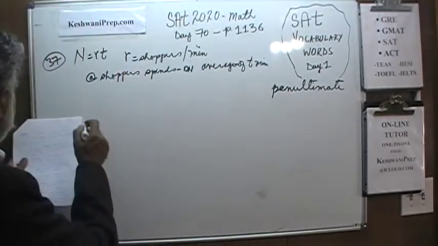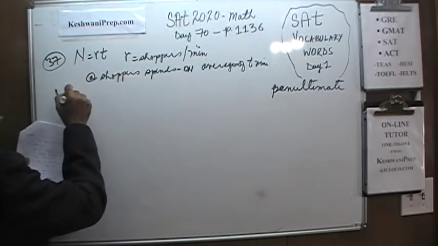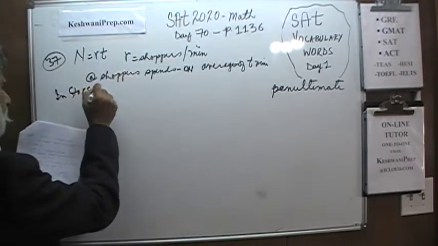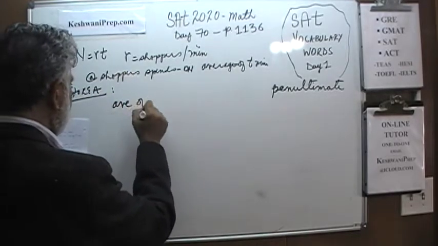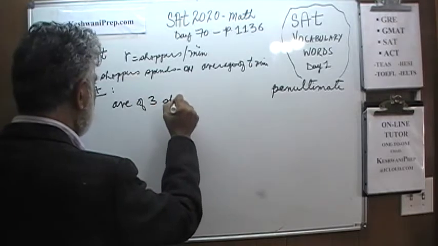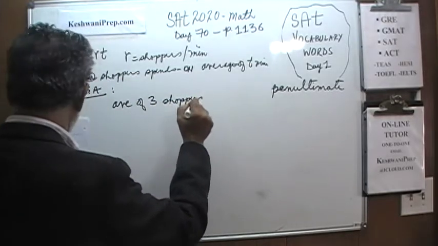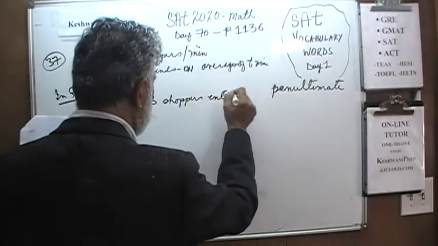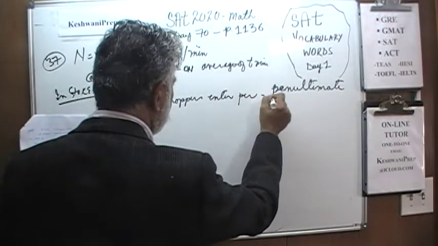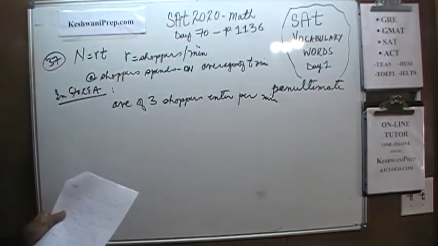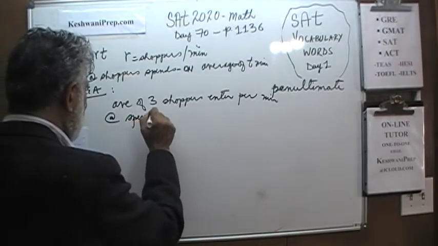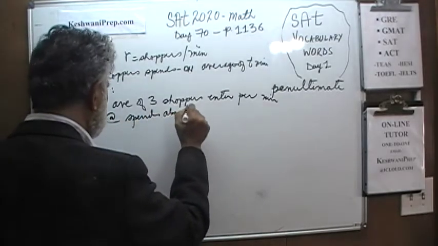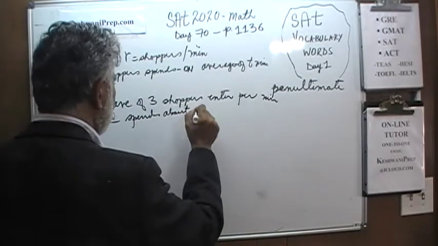For example, in store A, we are told that an average of 3 shoppers enter per minute, and each spends about 15 minutes.